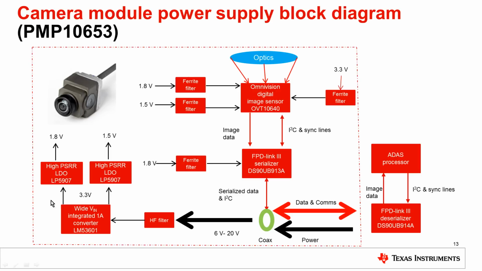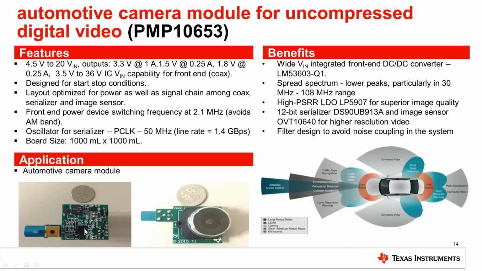Now a wide VIN DC to DC converter was used to provide the power solution to the whole camera module, and we will go into detail of this new automotive DC to DC converter.